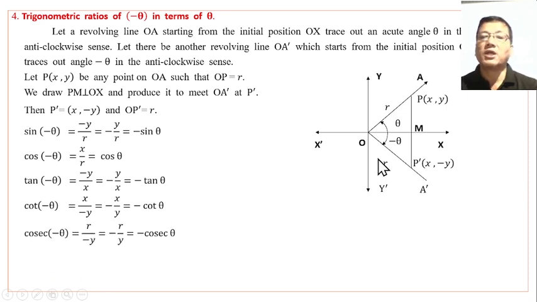Cosec of minus theta: the hypotenuse is r and y is minus y, so r by minus y. In the triangle this is cosec theta, and cosec of minus theta is minus cosec theta.